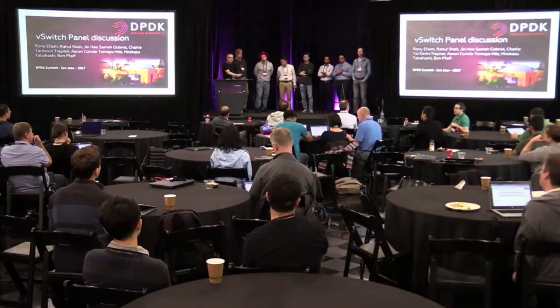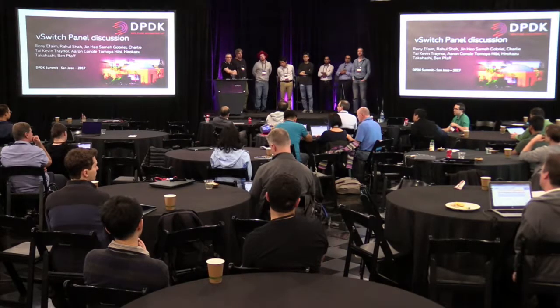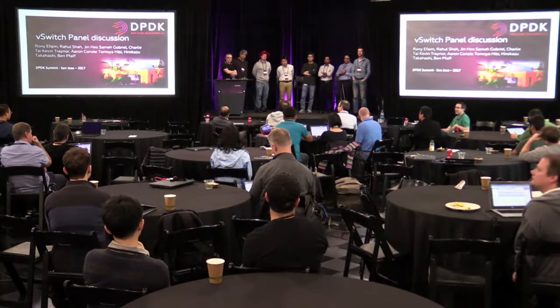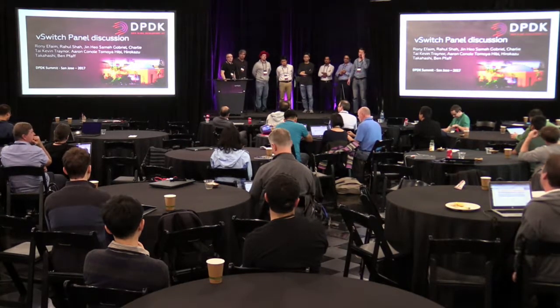Yeah, question. Every year we have a new hash algorithm which is far better than the previous ones. Very wonderful. My question is, we are supporting only some of them, not many, in DPDK. Does it help you to have a more optimized implementation of these hash algorithms in DPDK?